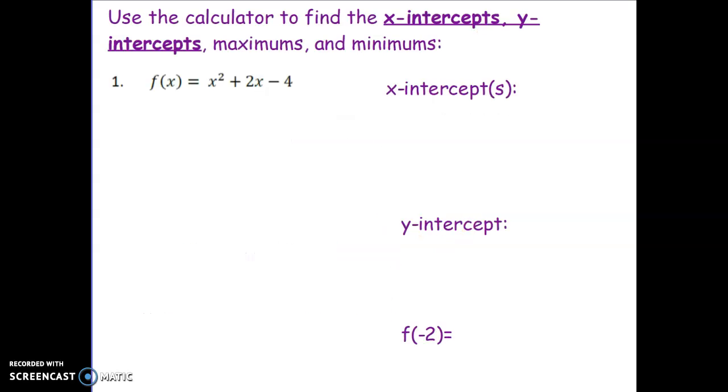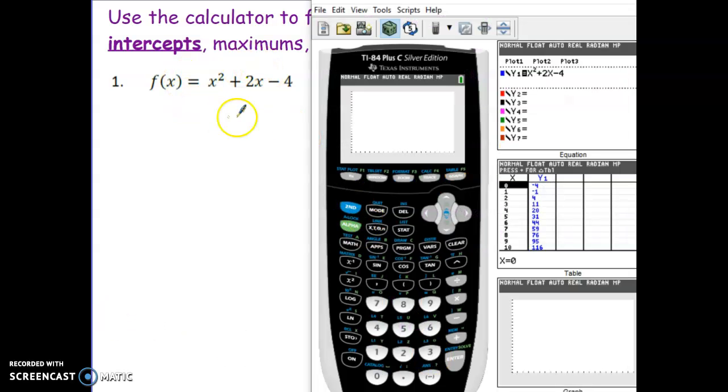Okay, let's look at using the calculator to find the x-intercepts and the y-intercepts. So I have the calculator here, and I actually already have that function for us in the calculator, but I can't see anything. Sometimes you guys get confused when you try to graph and you can't see what you want to see. So a good way to find stuff is to go to Zoom and go down to number 6, Zoom Standard.